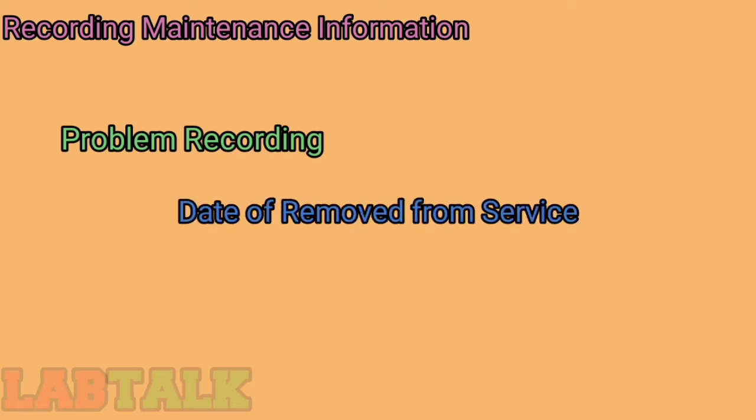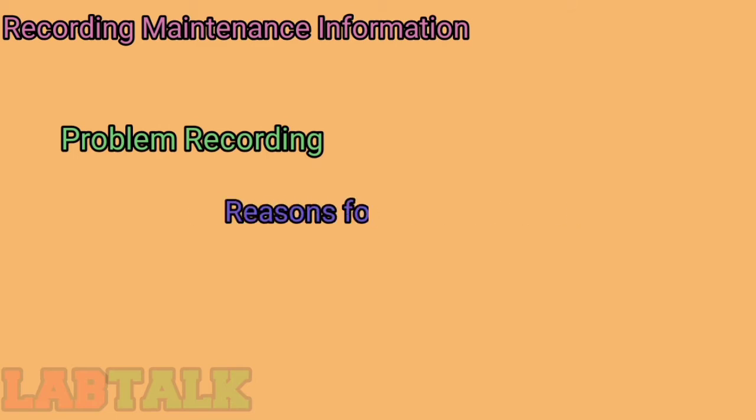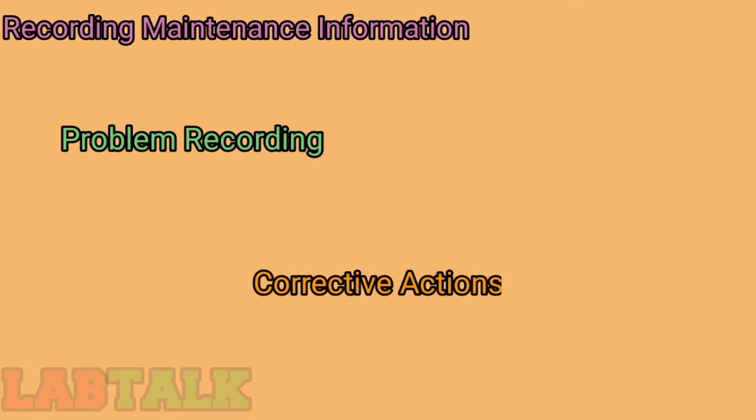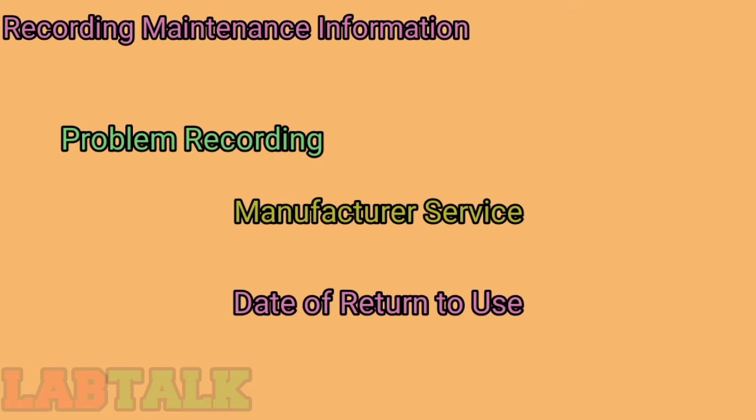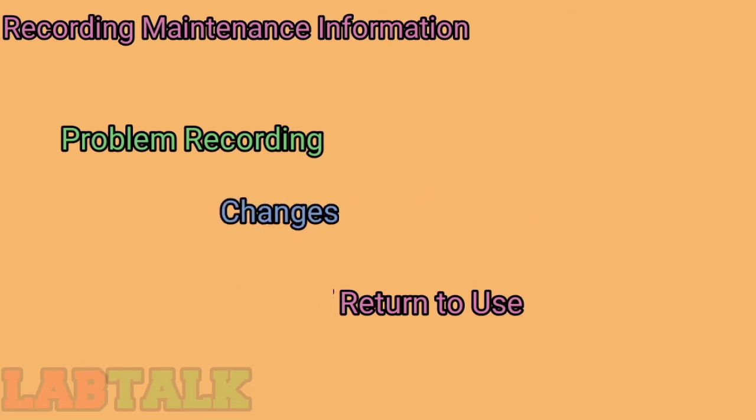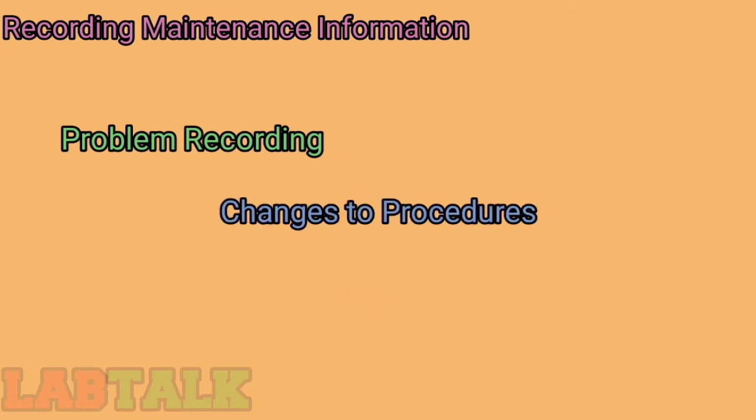In recording a problem, be sure to record the date the problem occurred and when the equipment was removed from service. Also, all the reasons associated with the breakdown or failure should be recorded. Corrective actions taken, including a note about any service provided by the manufacturer, date of return to use, and any changes to process or function checks as a result of the problem, should be recorded as maintenance information.